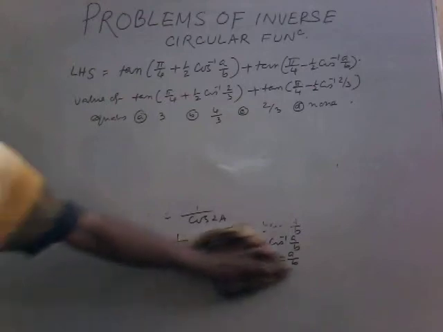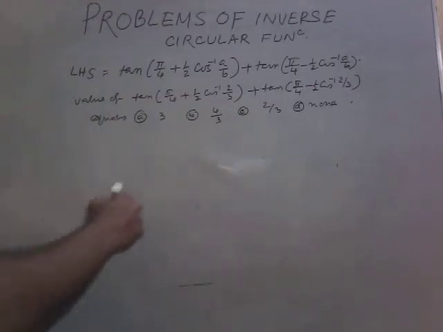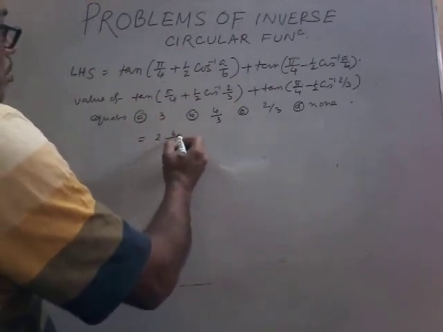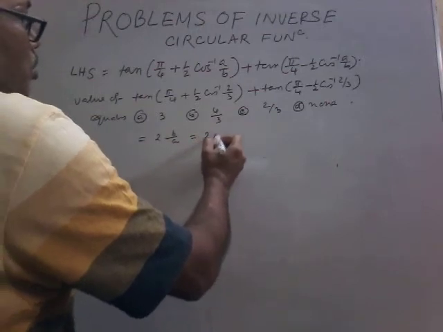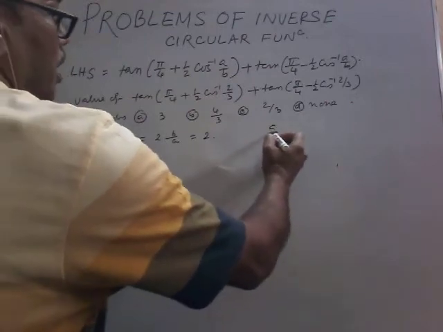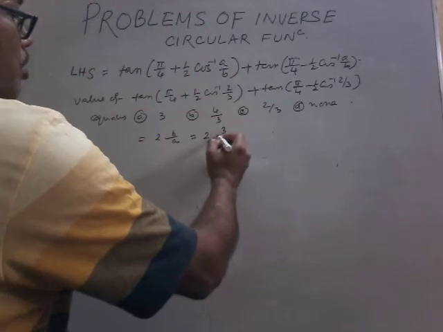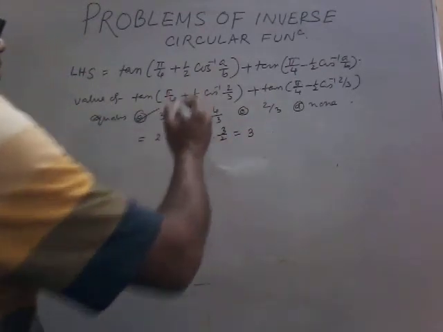By the previous problem, the value is 2 into b by a. So what is a by b? A by b is 2 by 3. So 2 into 3 by 2. So the final result is 3.